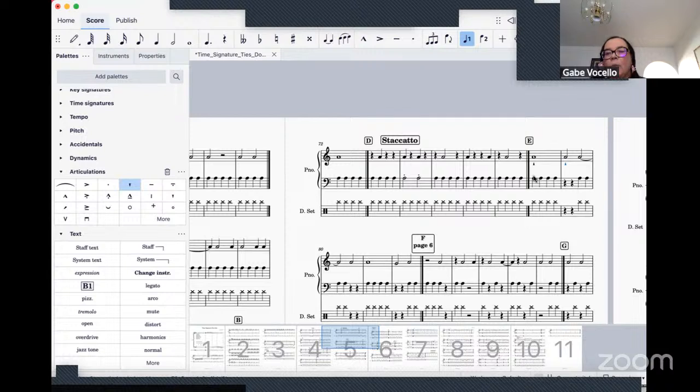So 1 quarter of the whole note is the quarter note. See, exactly. 1, 2, 3, for example, 1. That is the staccato, the dry staccato of the whole note.